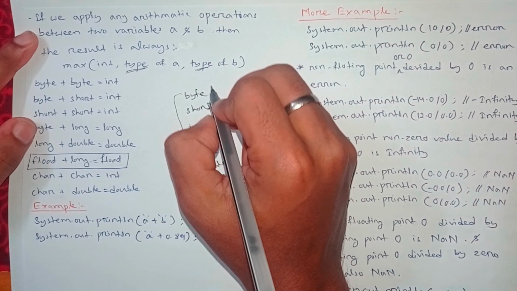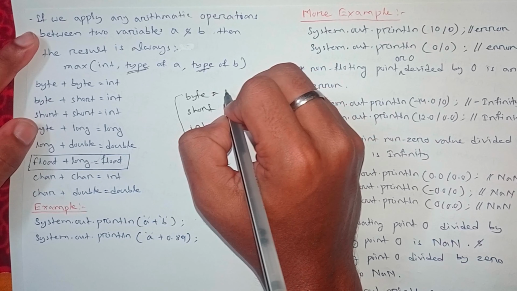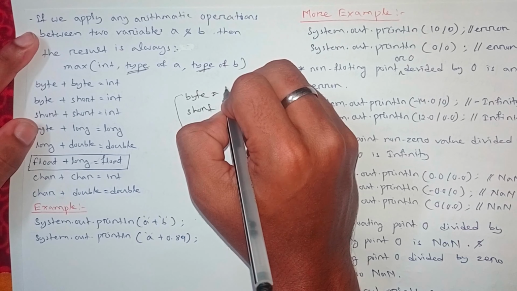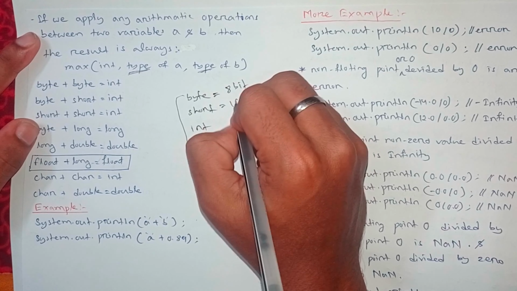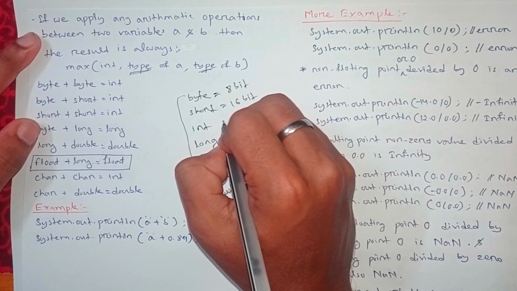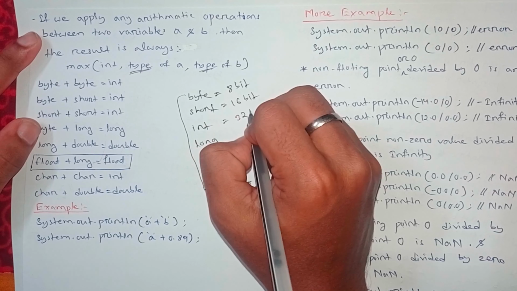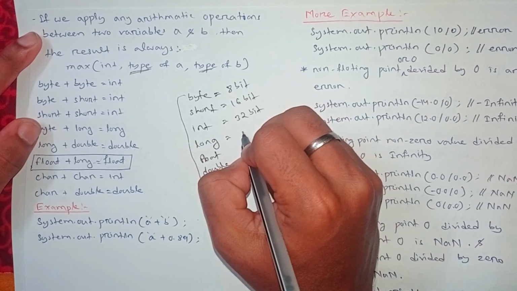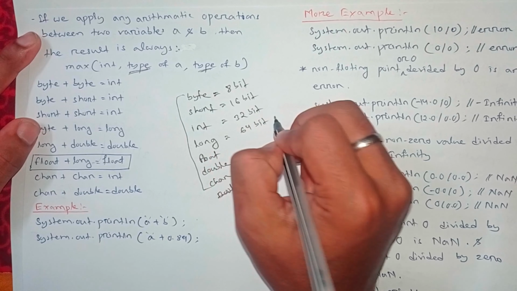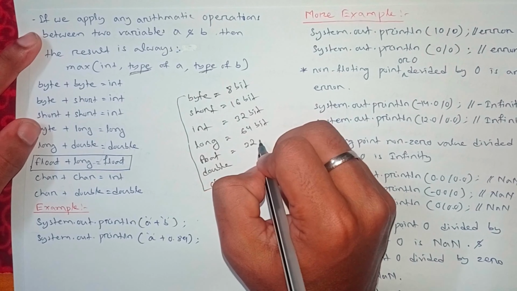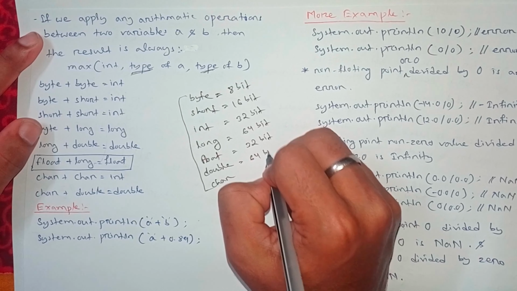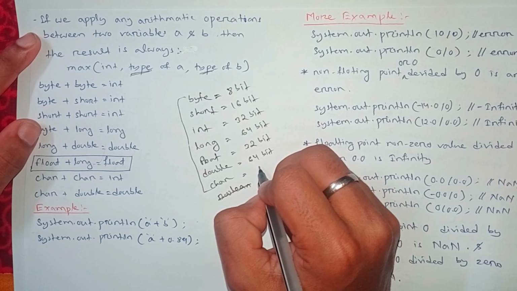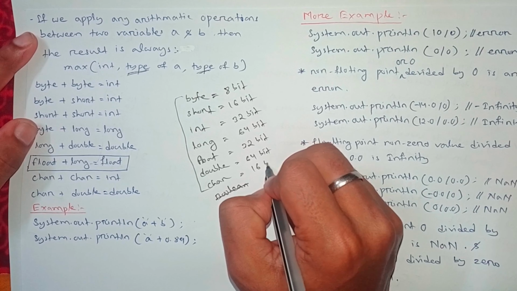So what is the size of byte? Byte size is 8 bit. 1 byte equal to 8 bit. Short is 16 bit. Integer is 32 bit. Long is 64 bit. Float is 32 bit. Double is 64 bit. Character is 16 bit.